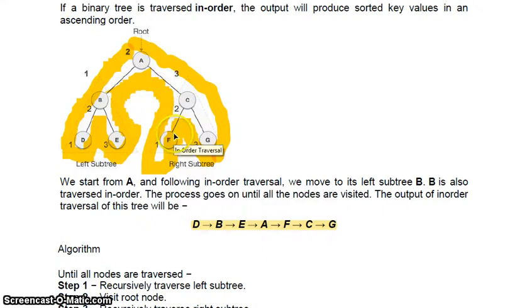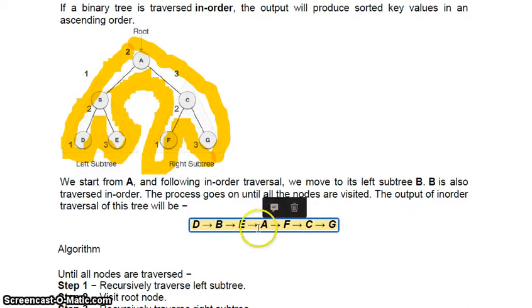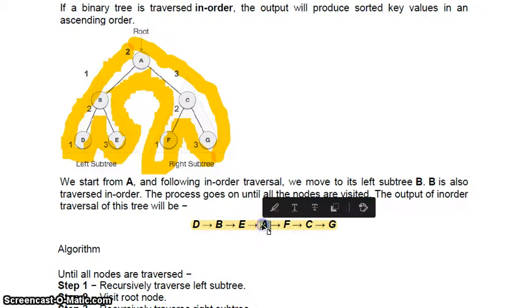Then consider F. Then it goes to C. Then G. Over. All the nodes are visited exactly once. You must remember, in the in-order traversal, the root node always comes somewhere in the middle. As you can see here, the root node A comes in the middle.